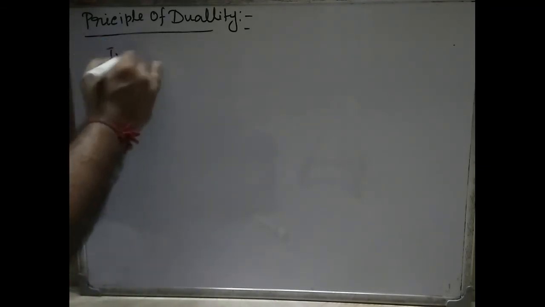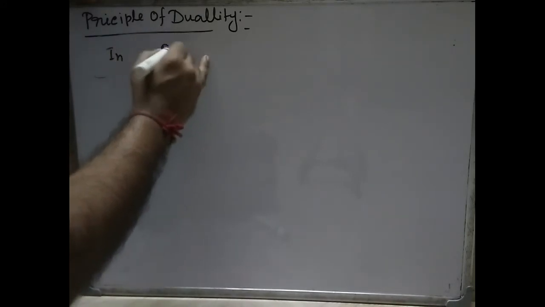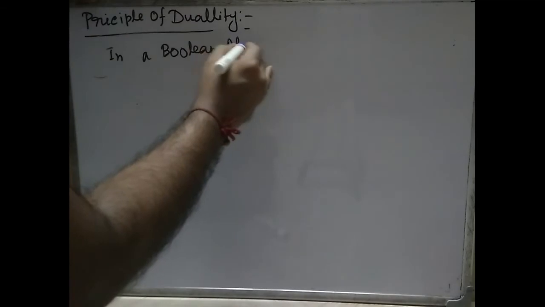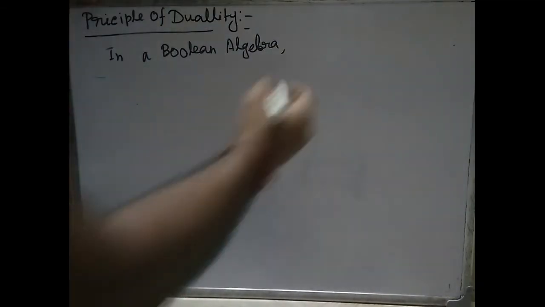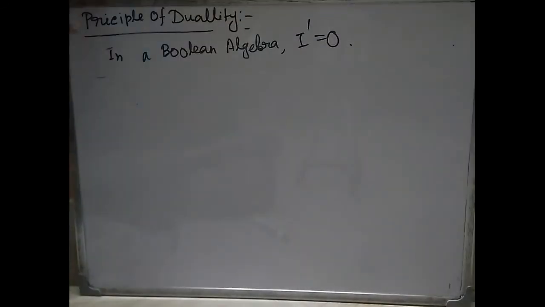In a Boolean algebra, complement of I is equal to 0. So this is called the duality. The dual of I is 0.